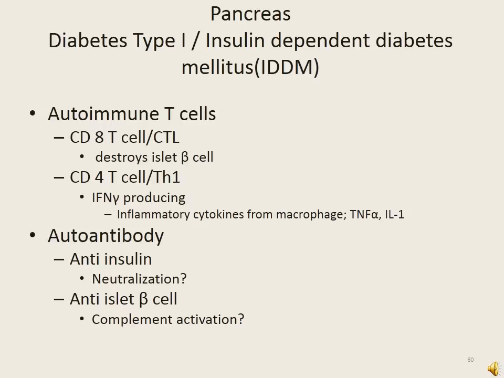Also, there is the presence of autoantibody to insulin, anti-insulin, as well as an antibody to the beta cell of the islet of Langerhans. Both of the antibodies can induce the complement activation, or they can block the activity, that is the neutralization effect on insulin.